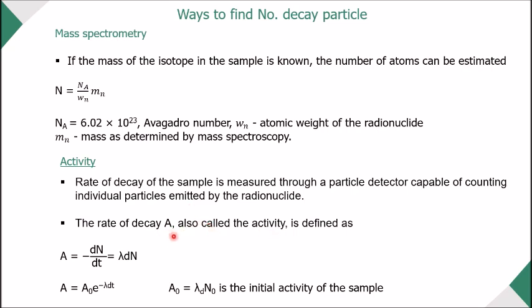The rate of decay is the quantity called the activity, which can be defined as A equal to minus dN by dt, which is equal to lambda_d N. So A equals A0 e raised to minus lambda_d t, where A0 equals lambda_d N0 is the initial activity of the sample. So these are the two ways you can find the number of particles.